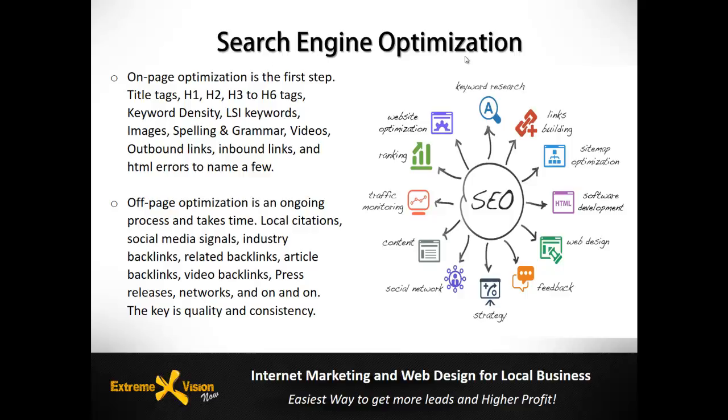You've probably heard of SEO or search engine optimization before, and it gets thrown around a lot and it's very confusing. So let me briefly explain how search engine optimization works and what the purpose of it is. SEO is basically about manipulating the search engine computers to rank your website higher on the search engines.